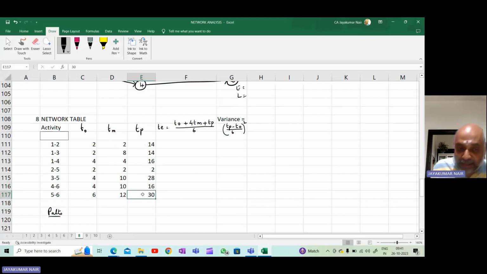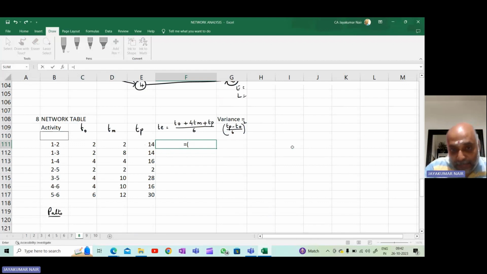After you have entered these items in the table, you have to calculate the average time. So TE you have to calculate, that is the expected time. How do you calculate it? The formula is TO plus 4 times Tm plus Tp, whole divided by 6.